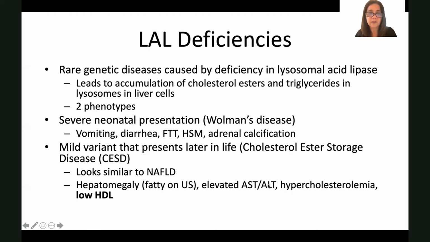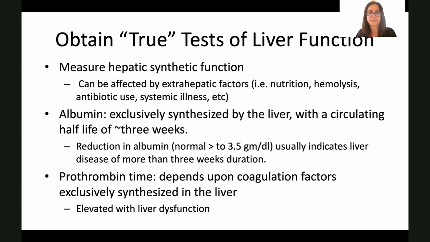But there are some milder variants that we're learning more about, and in particular, cholesterol ester storage disease, again, looks very similar to NAFLD, just a fatty steatosis, just fat in the organ itself. And so, you have to be thinking about this and to test for it.